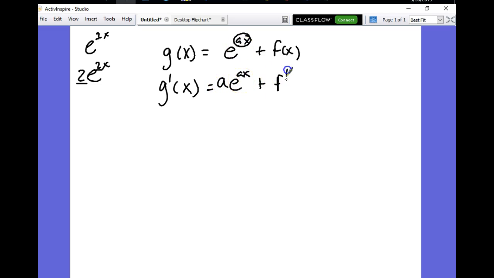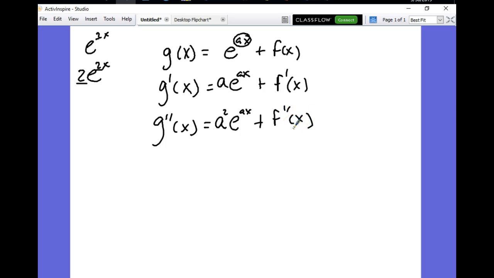Then we have f prime of x, right? So you take the derivative of each piece. You're going to repeat that process to find your second derivative. So once again, if you take the derivative of e, it's going to stay the same. Now we already have an a in the front, but if I take the derivative of this expression again, I get another a in the front, which is going to make it a squared, and then f prime becomes f double prime.